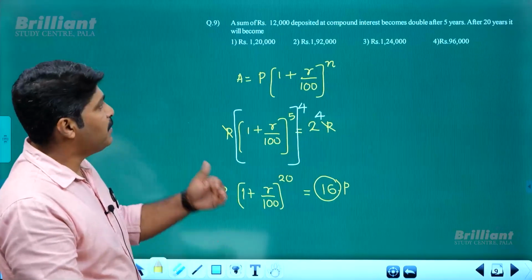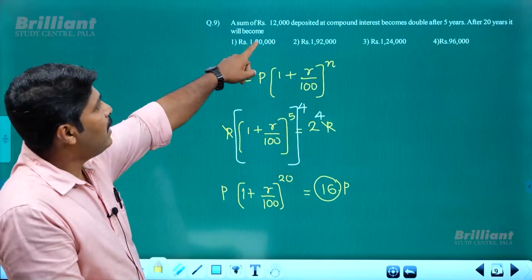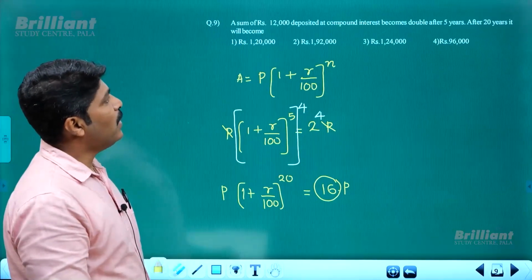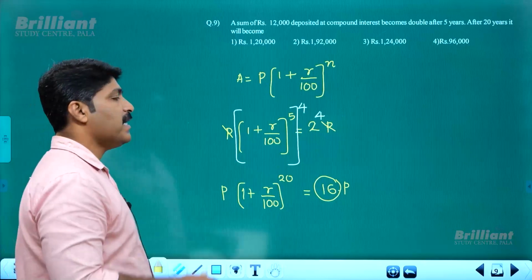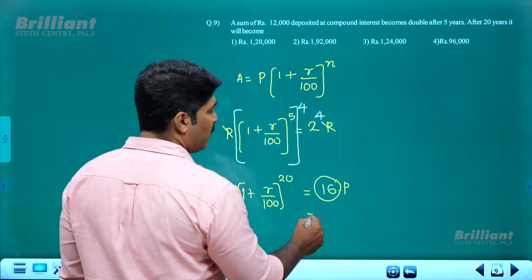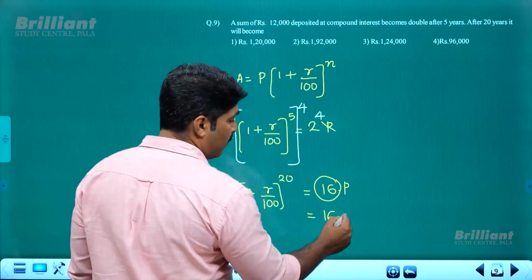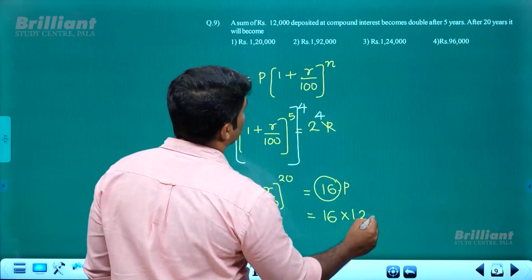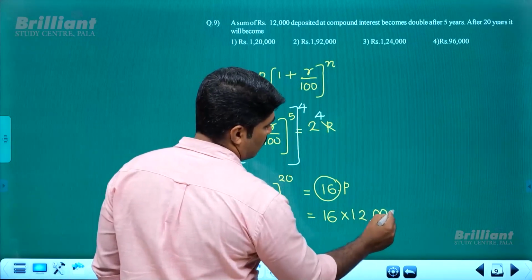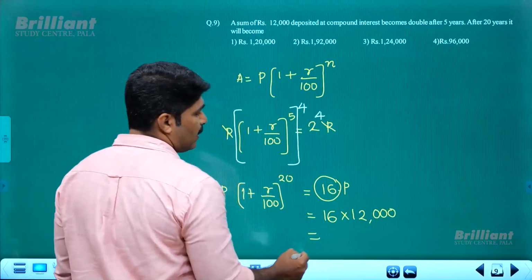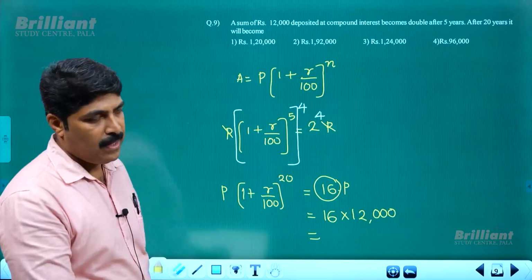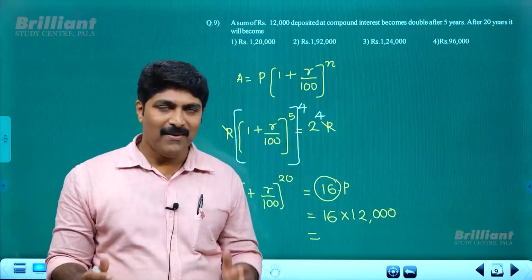So what was the principal here? Here the principal is 12,000. So the required amount is 16 times 12,000. It's easy to find out what 16 into 12 is. We can do it by mind. I will help you.